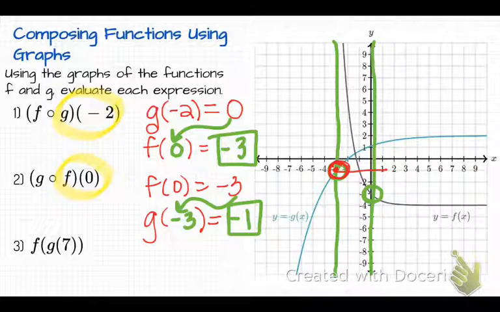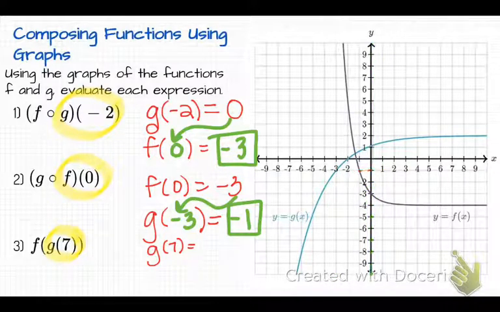What do I do first, Jessica? What's the first step? G of 7. Good. So when I go to my graph, let me erase everything that's on here. Okay, so G of 7 is where X is 7 all the way over here to the right.